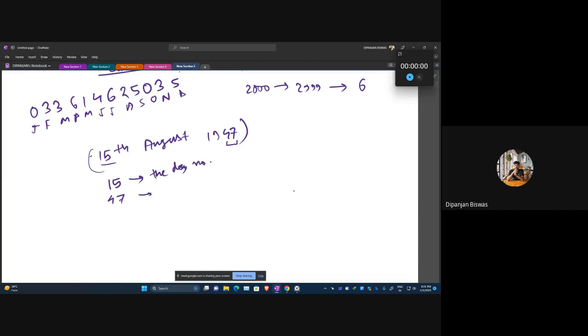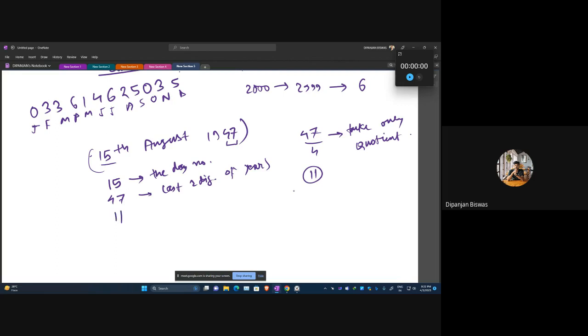Then you need to divide 47 by 4 and take only the quotient. Here it is 11. 4 11s are 44, 4 12s are 48. So we have 11 as quotient by dividing 47 with 4. So we are writing 11 here.